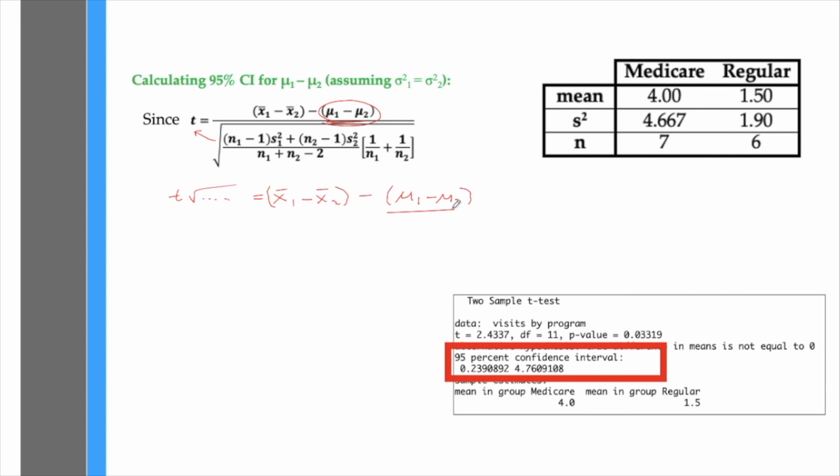And if we're interested in this value, we may just transpose this one on the other side. So that gives us mu sub 1 minus mu sub 2 is equal to x bar sub 1 minus x bar sub 2.